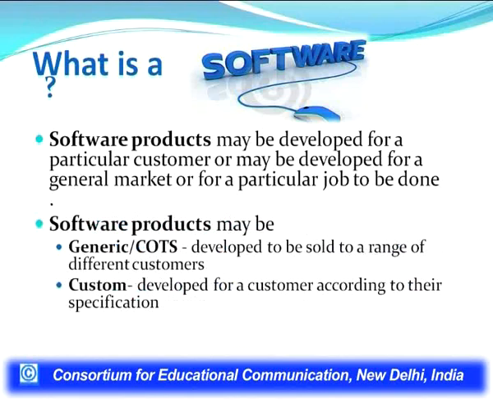It could be generic, COTS, developed to be sold to a range of different customers. Or custom, developed for a customer according to their specification. There are many big software industries developing software keeping in mind general people and general organizations.